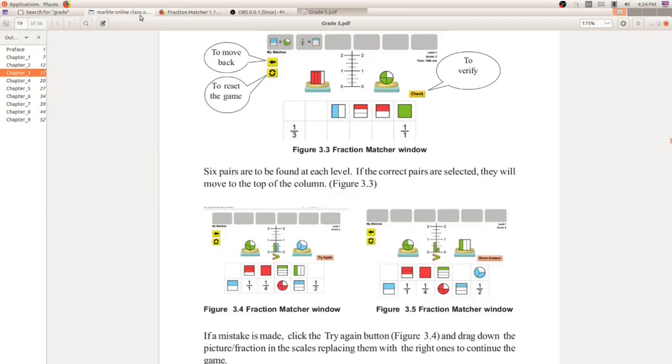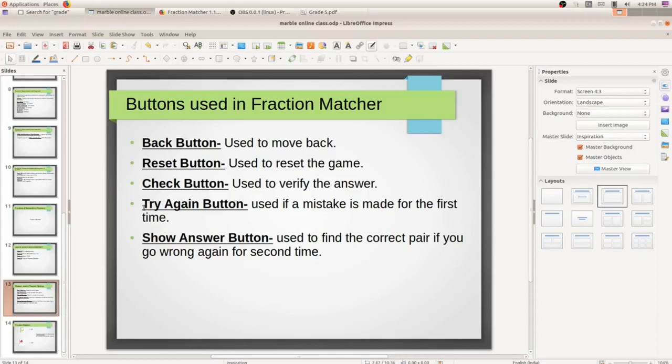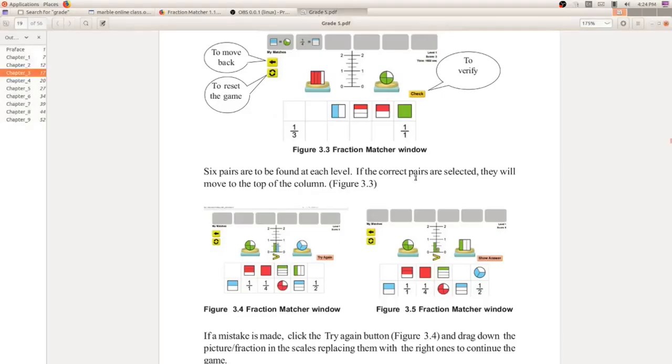What is the next button? The try again button. What is its use? It is used if a mistake is made for the first time. In your textbook page number 19, you can see here figure 3.4, a try again button.